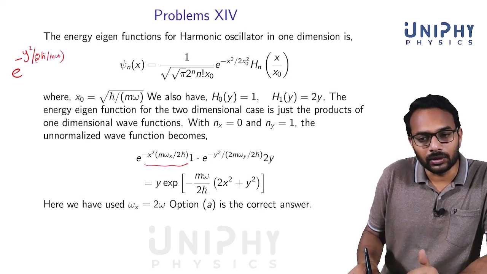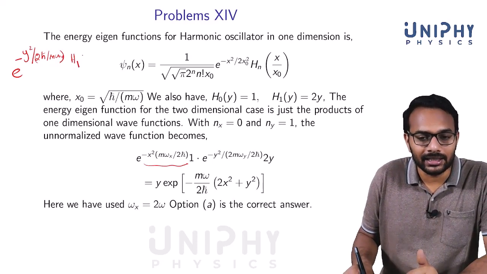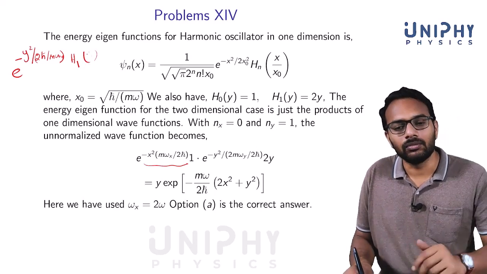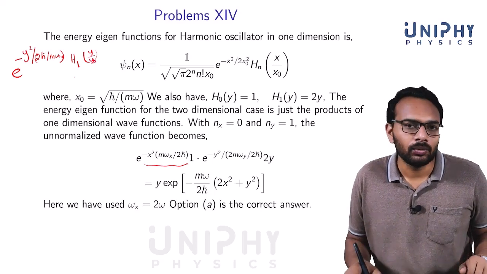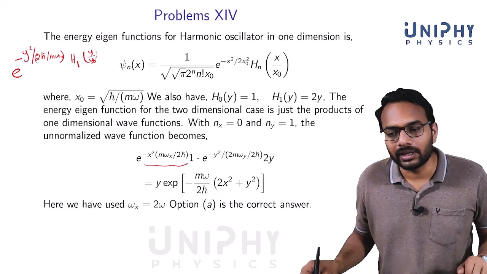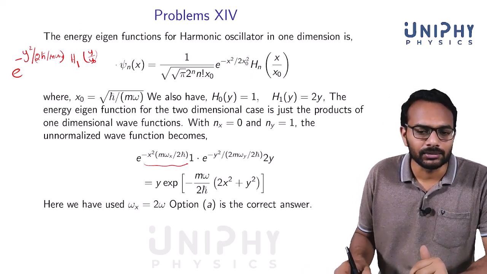And then what you have here is let's write m omega y to be sure. And then we have H1 of, let's say, y by y0. But H1 of y is 2y.